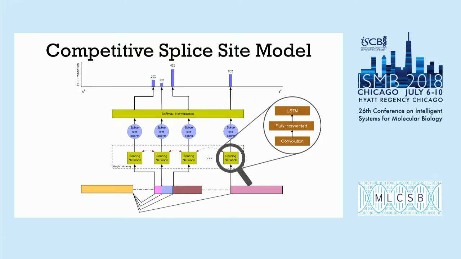So these are the layers that learn the features from scratch given the sequence. Then we follow with multiple fully connected layers that integrate all these features. And then we use an LSTM, which is a recurrent type of neural network. And the LSTM connects one scoring network to its upstream and downstream neighbors. So these scoring networks can now exchange information directly.